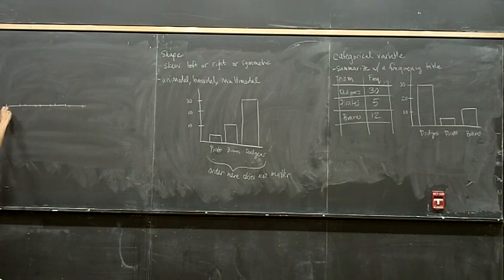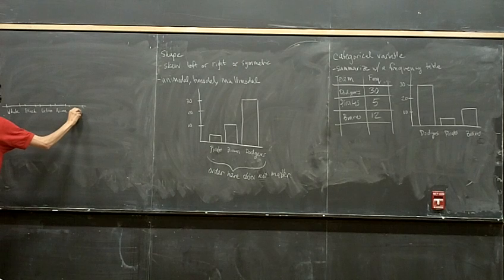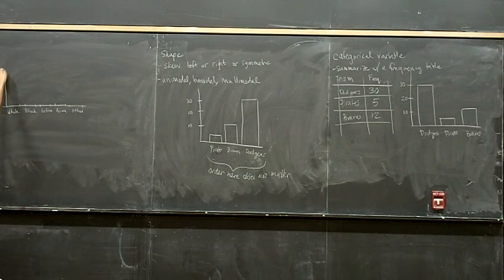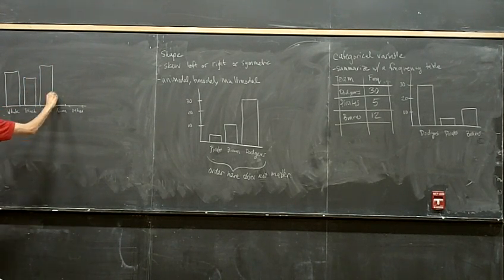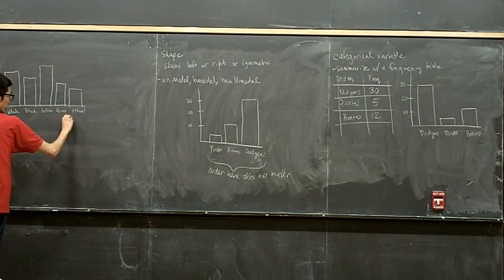We made categories for white, black, Latino, Asian, and then other. And let's say we have something that looks like this. Other/mixed.